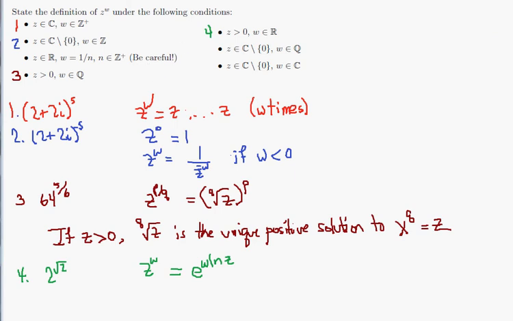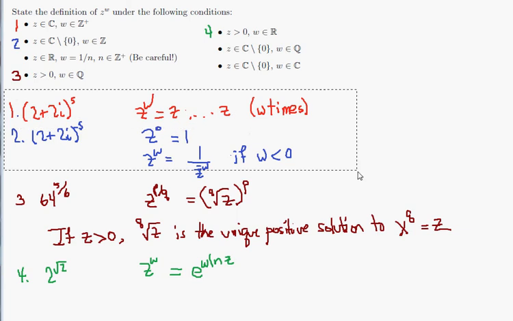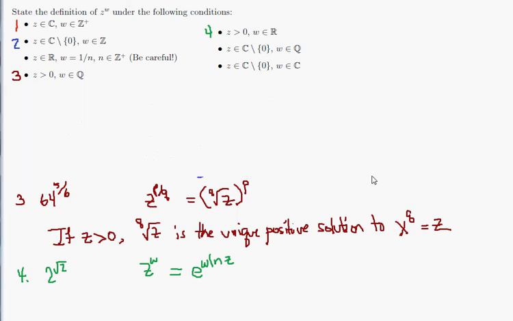Let's now turn to definition number 5. The definition of a non-zero complex number raised to a rational power. So something like 2 plus 2i to the 5/6. Well, here's the definition.